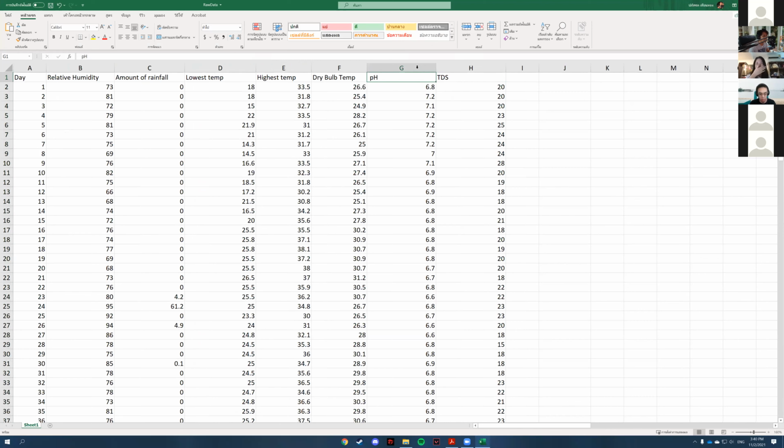So the pH of the water and the TDS are gathered from the lab of my company for each day. But as you can see, there are gaps because I couldn't get every single day's data since the lab closes on Sunday. And all of this weather column is from the Meteorological Department.